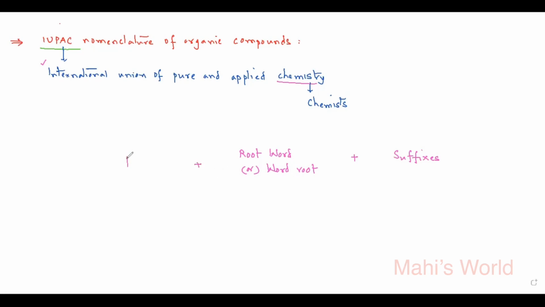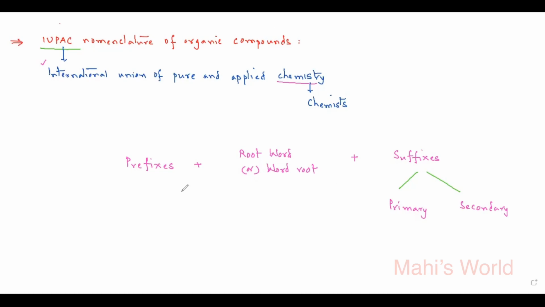Then the prefixes. So these are the three things which we will have in the name of an organic compound. Now, within the suffixes, there are two things. The first one is the primary suffix, which is added to the root word. Then there is a secondary suffix, which is written after the primary one.